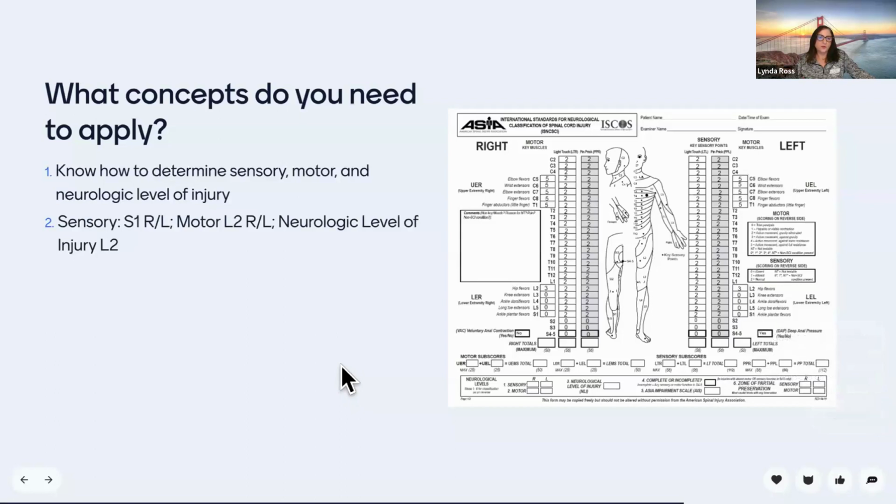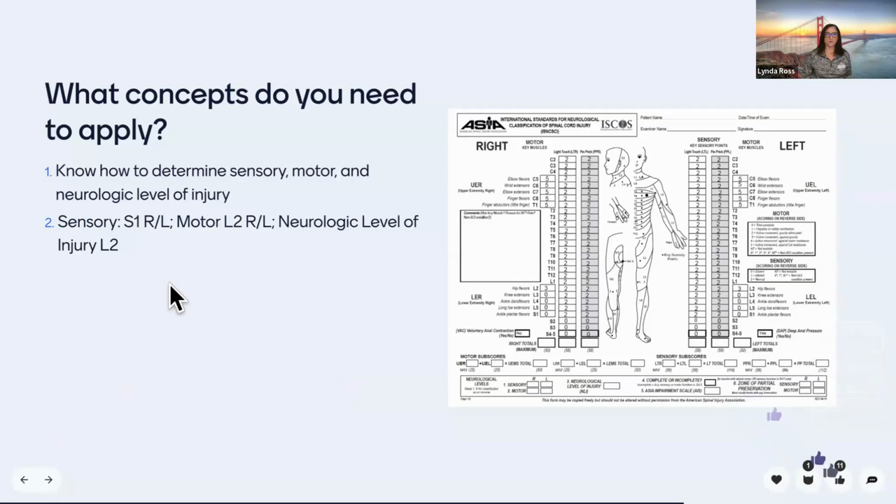I don't know why I have the answer there, but I guess I shouldn't have told you that. Anyways, hopefully you determined that the sensory level was S1. How many thumbs up for that? Hit the thumbs up button. So for right and left, S1.